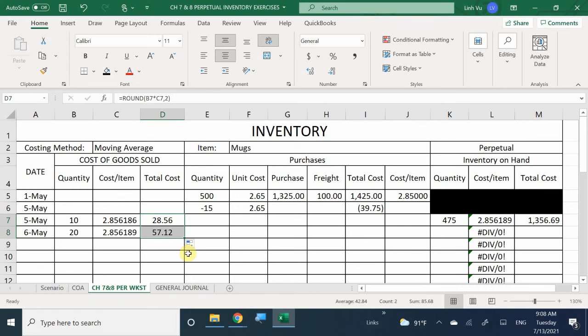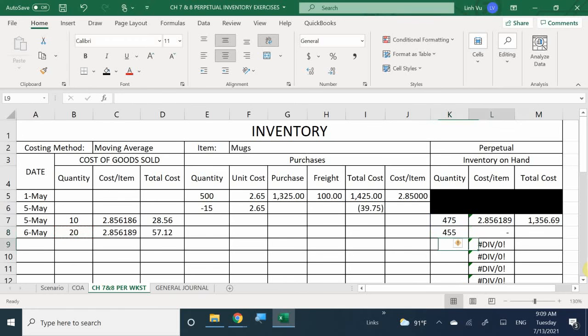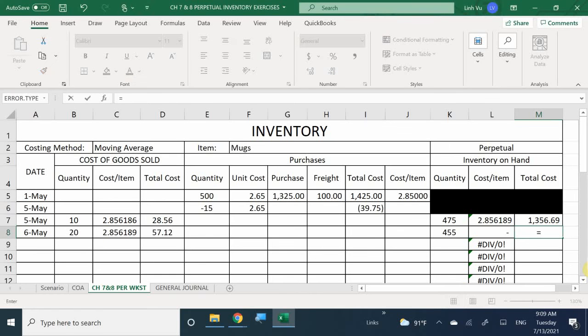Now with this number I need to update my inventory once again, because I no longer have 475. I have 20 less. What's my new quantity? 455. If I started with 475 and sold 20 of those items, I should have 455 left.